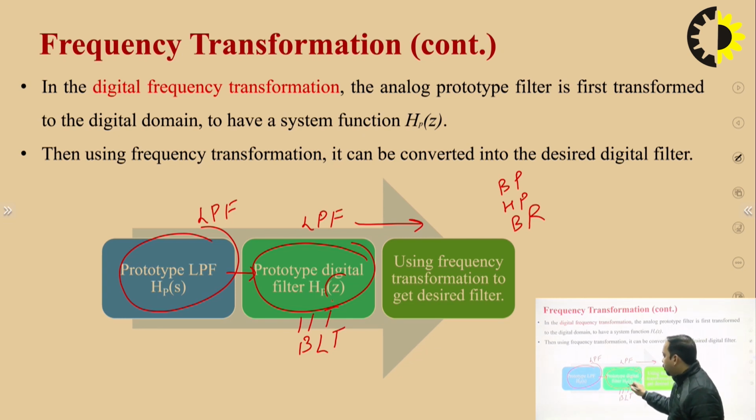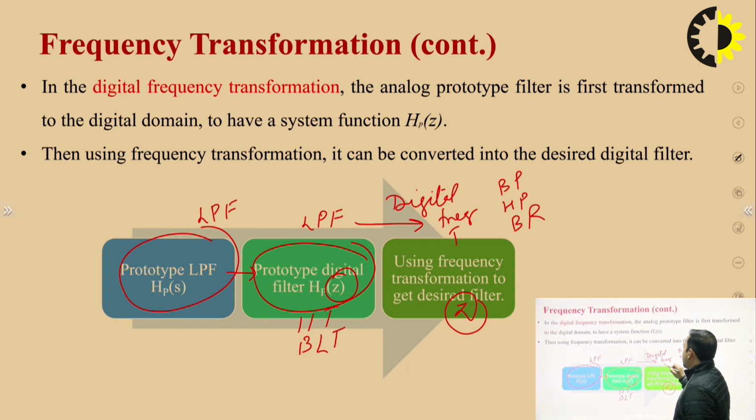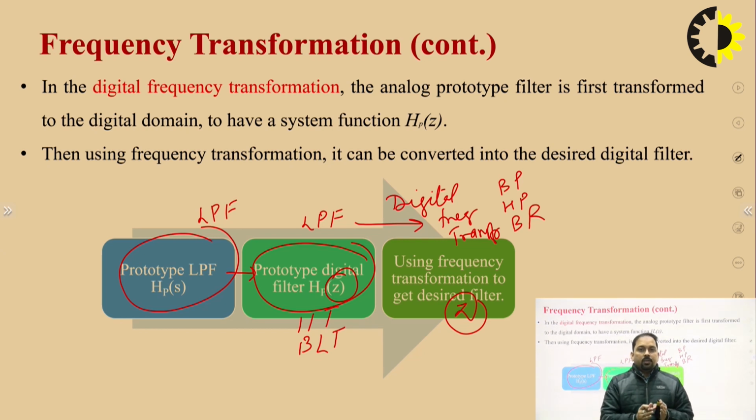Here we are in the Z domain, and the filter was also in the Z domain, so this kind of transformation is called digital frequency transformation. So we have both approaches, and we have certain formulas that convert a prototype low pass filter, or analog prototype low pass filter, into analog band pass, analog high pass, or analog band reject type of filters. We use both these techniques.